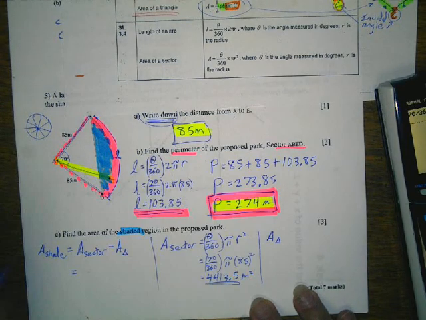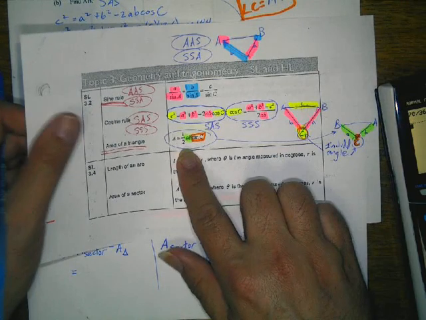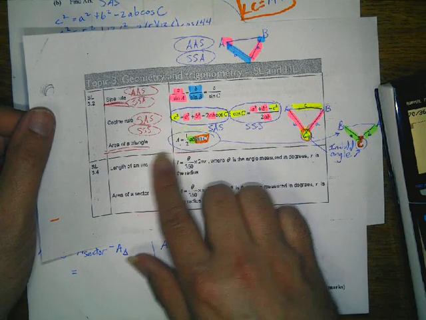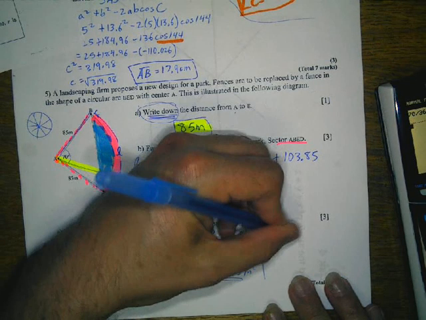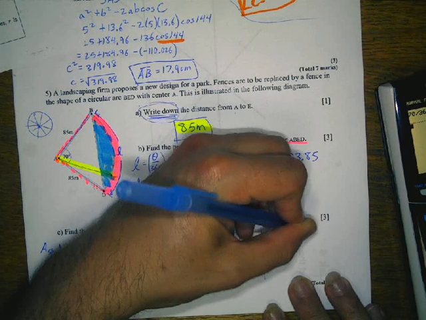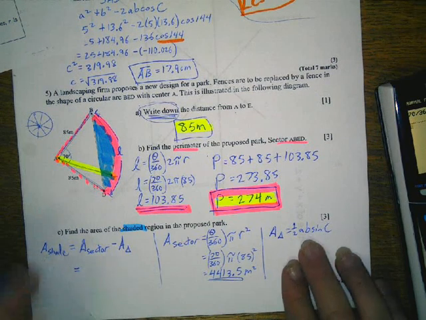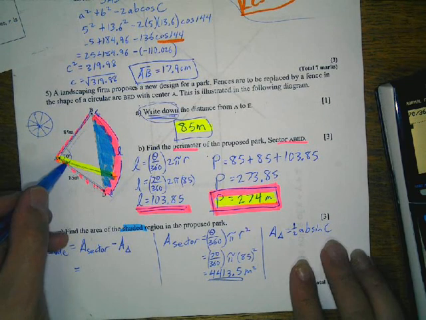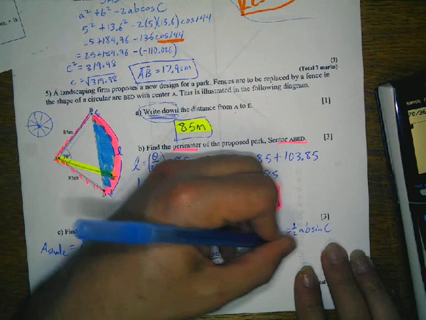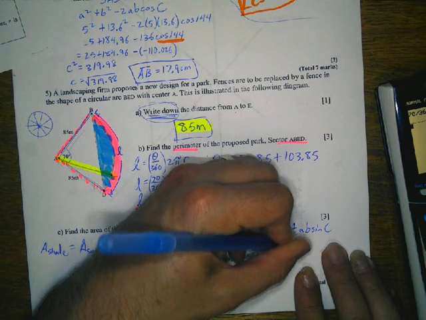Now I want to find the area of the triangle, and so I can use this formula, area of the triangle. So it's 1/2 AB sine C. So the A and the B are the sides on either side of the included angle.